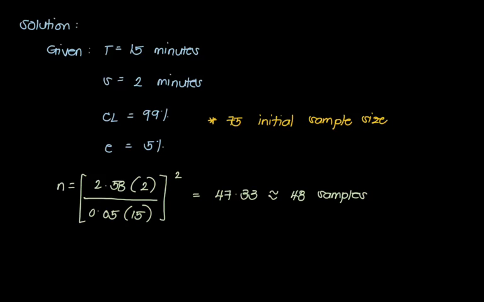Take note that initially, Romel and Leo already conducted 75 observations. So, ibig sabihin, their observations are already enough to conclude that their study has already reached the desired level of 99% confidence at an error of 5%.